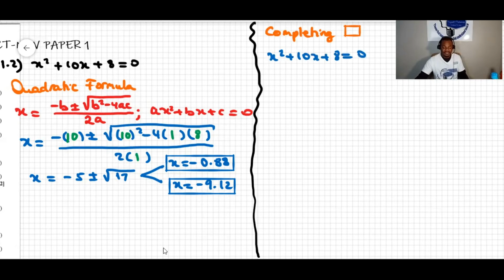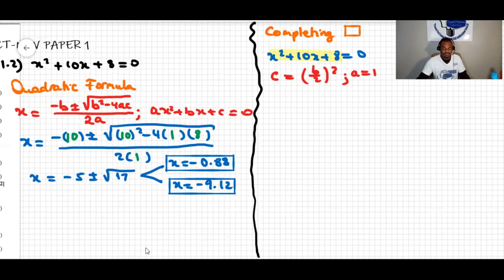So the idea is to make the left-hand side of the equation a perfect square, something of the form, open brackets, x plus a certain number, to the power of 2. This is possible if we find the c value. The c value is the constant term equal to b over 2 to the power of 2, and this is possible only when a equals 1. In case a is not equal to 1, we need to divide the whole equation by a, the coefficient of x squared, in order to make a equal to 1.